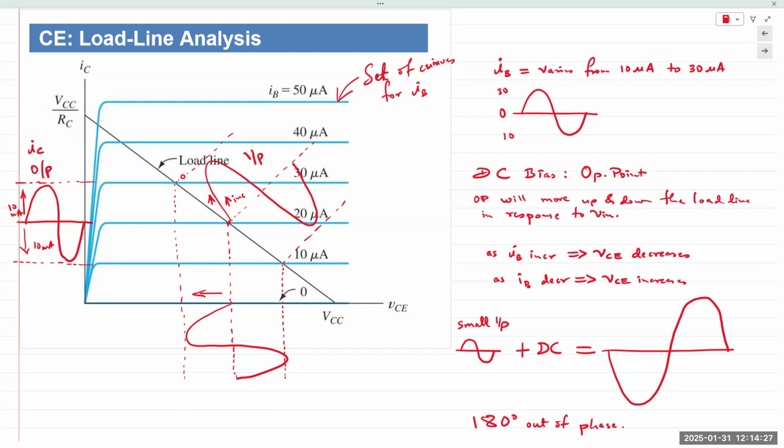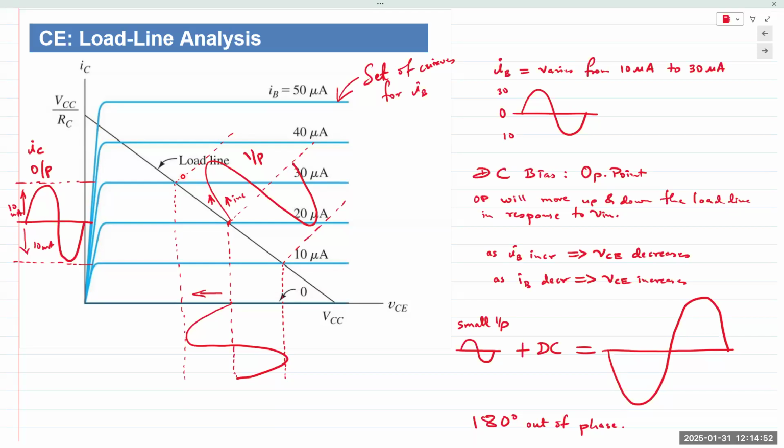And you can see the value of IC is almost 100 times that of IB. This is just graphically, okay? IC, of course, is beta times IB.